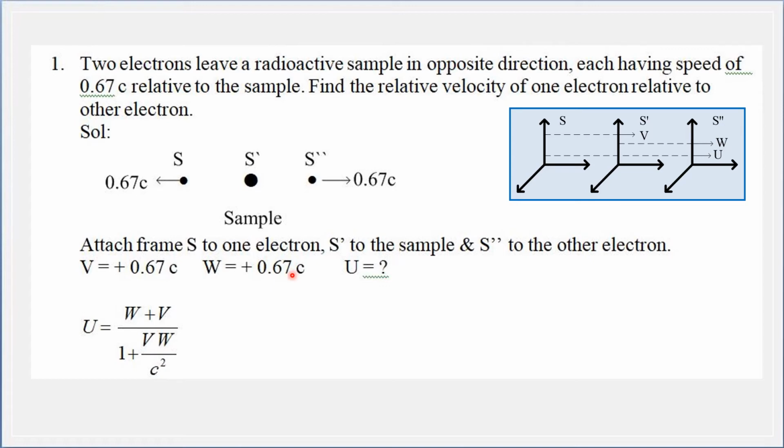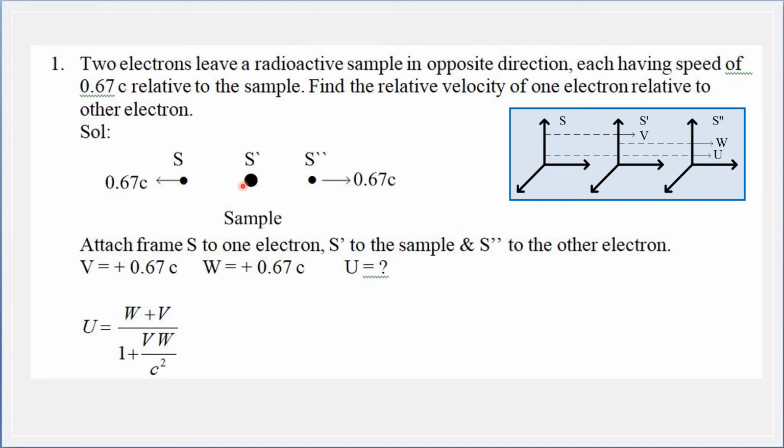Then with respect to the second frame, the first frame, that electron moves this way. That means with respect to the first electron, the sample is moving this way, opposite. Okay. So that means, say in this diagram, the velocity of the second frame with respect to the first frame is v in this direction, toward the right. So here this 0.67 is the velocity of the first frame with respect to the second frame.